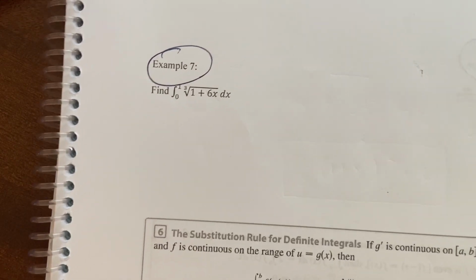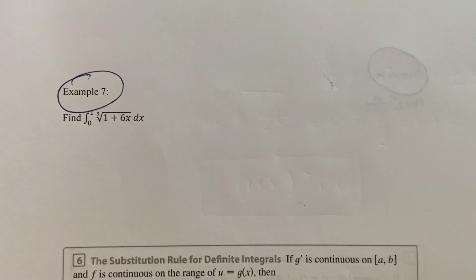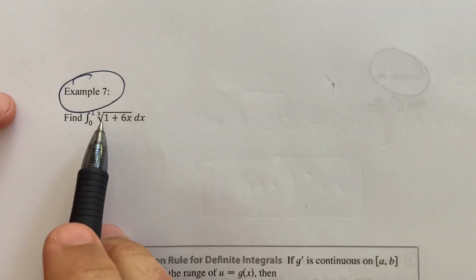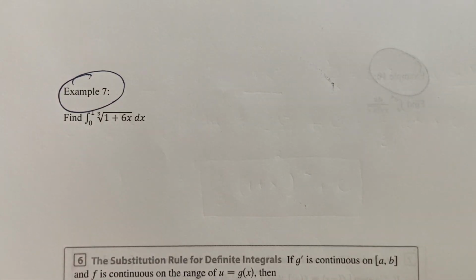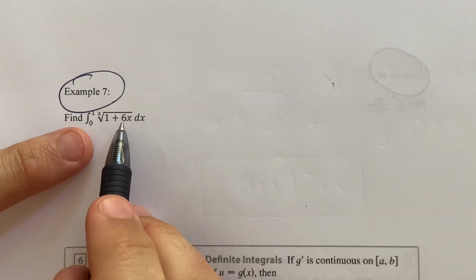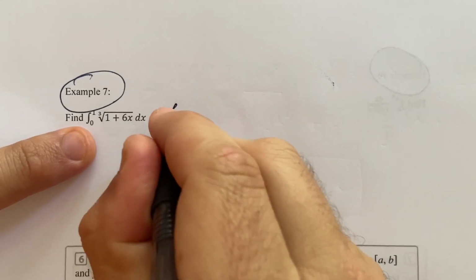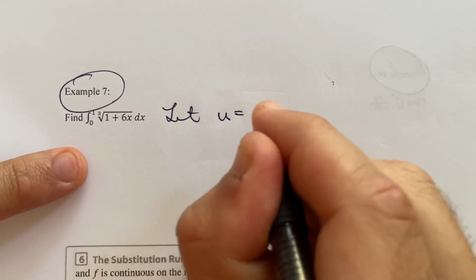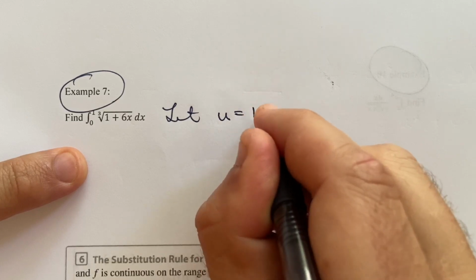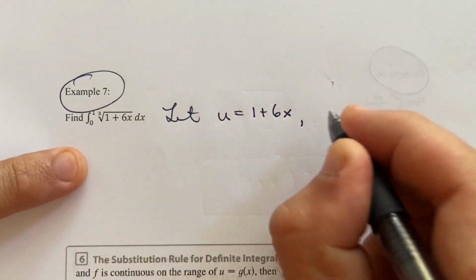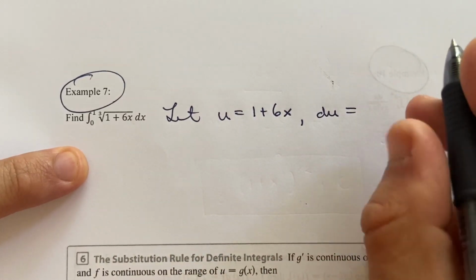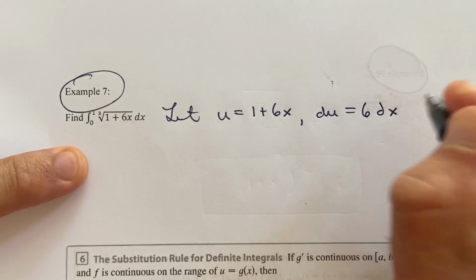Here is one where we have a definite integral. So let's try one of these out with a definite integral. So I'm going to let u equal 1 plus 6x. du would equal 6 dx.